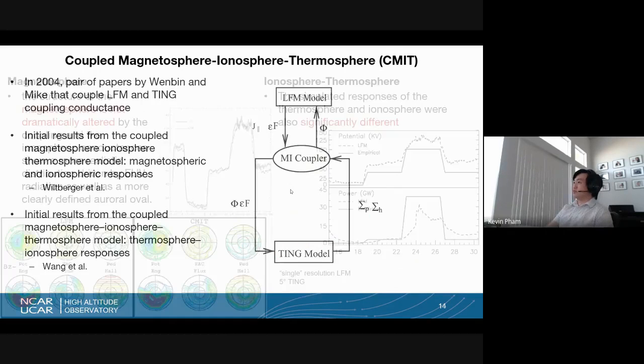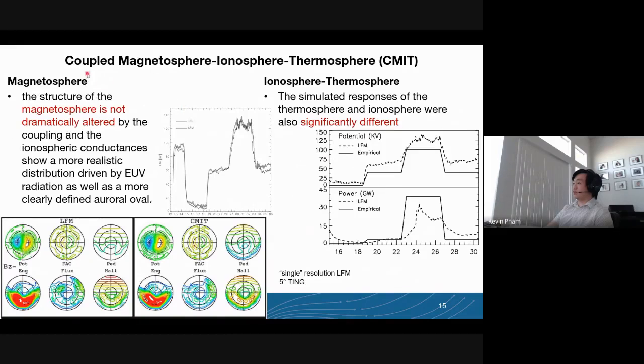What they found was that from the magnetosphere side of things, the magnetosphere is not dramatically altered by the coupling, although you do get more realistic conductances and a much more realistic EUV distribution. The standalone LFM on the left, you can see the conductance pattern here.